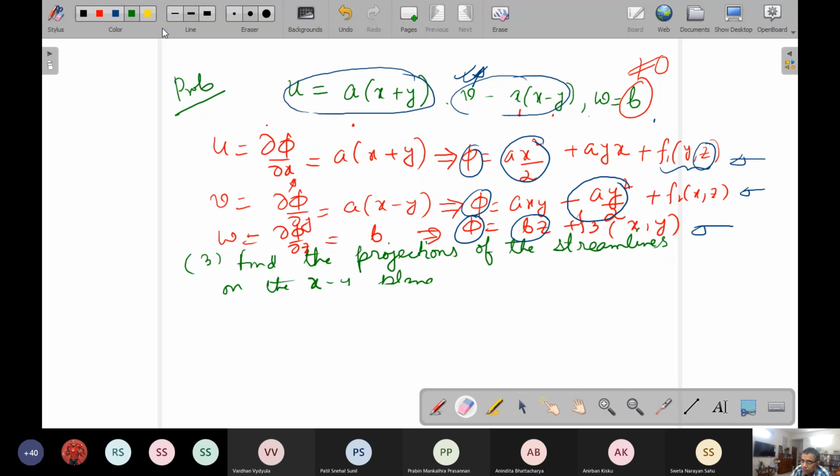So let us solve the third part of the problem. Find the projections of the streamlines on the xy plane. Okay. So first of all, when you are considering the projections of the streamline on the xy plane, these are the only velocity components that are of concern.